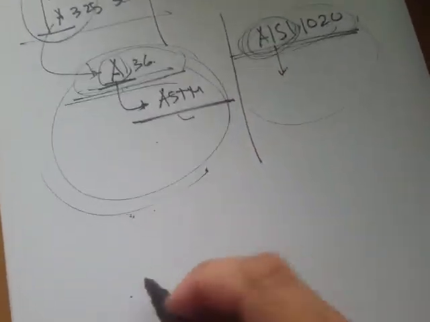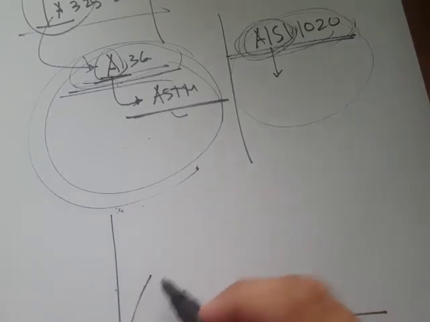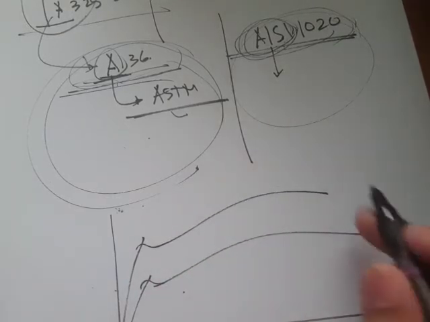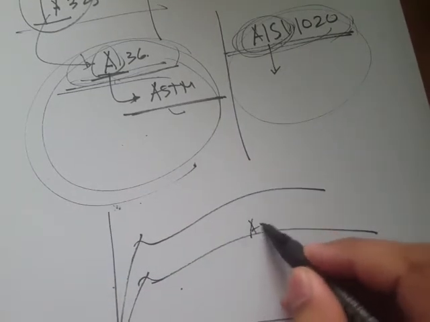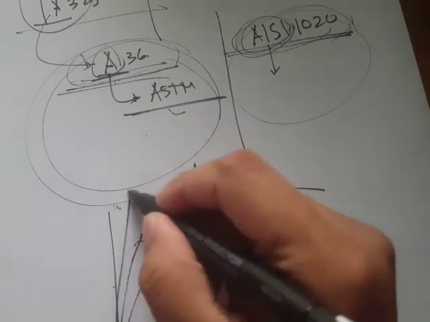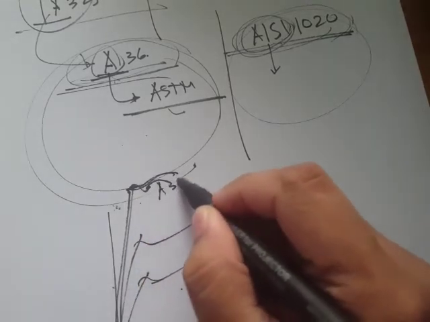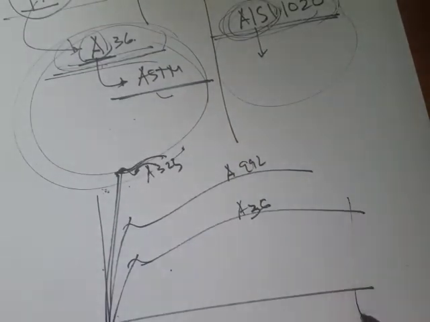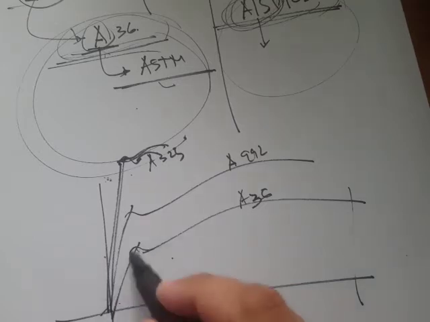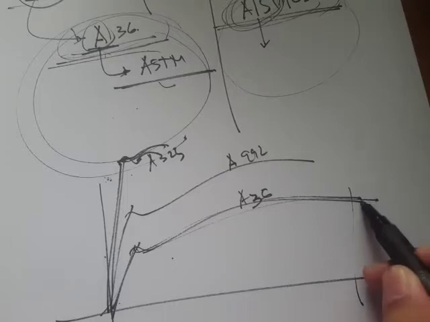Okay, so in terms of graph, we have something like this. We have this A36 and this A992, so slightly higher strength, and A325 for bolts. You notice that, similar to reinforced concrete, lower grades have lower strength but greater ductility.